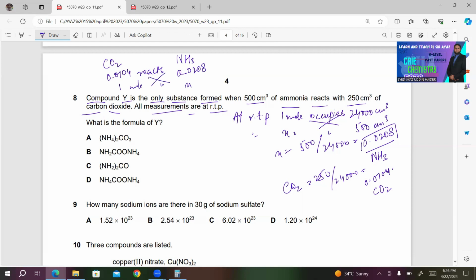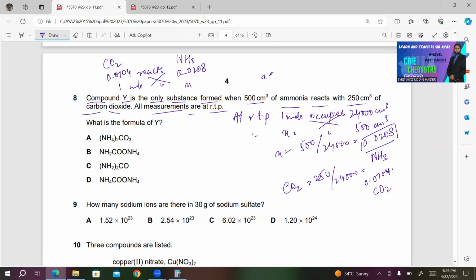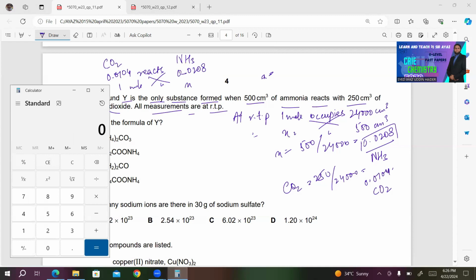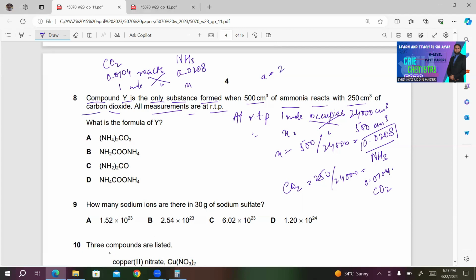This will help us in predicting the number of molecules involved in this. So X is equal to 0.0208 divided by 0.0104, 2 moles. So we must have 2 moles of ammonia reacting with 1 mole of carbon dioxide.